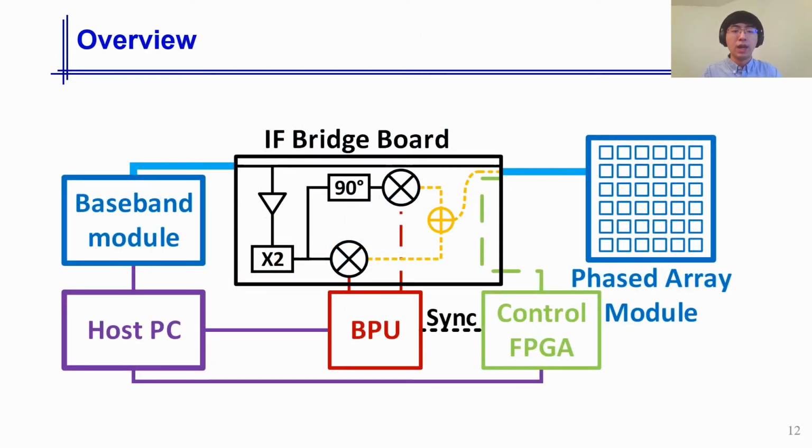We thus built MCube following this design principle. MCube consists of the commercial baseband module and phased array module, RF bridgeboard, baseband processing unit, control FPGA, and the host PC.